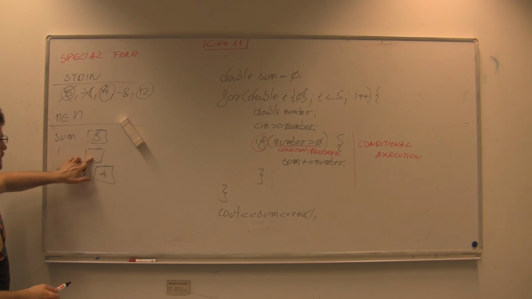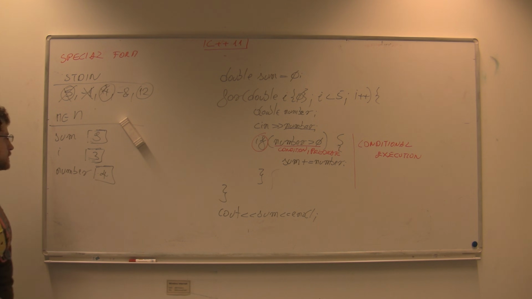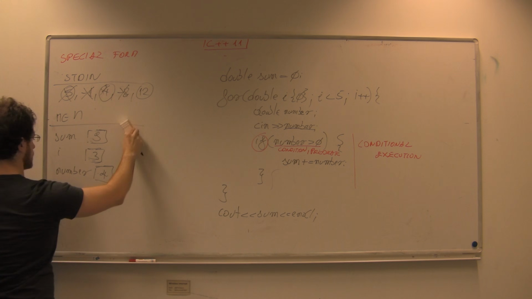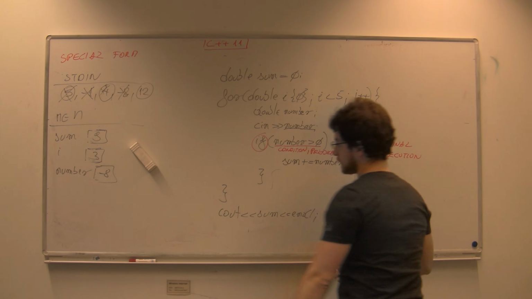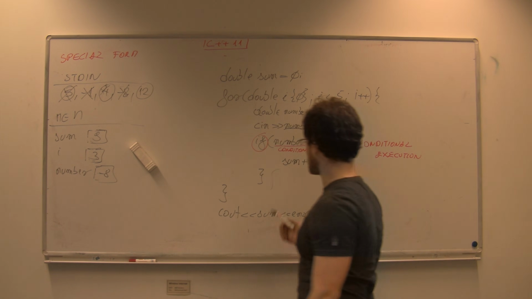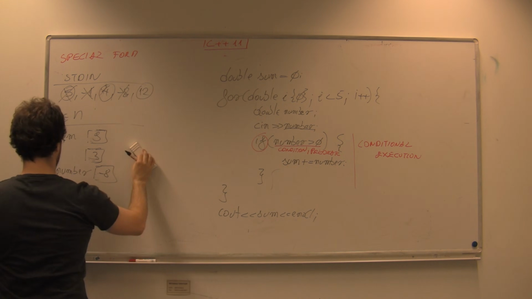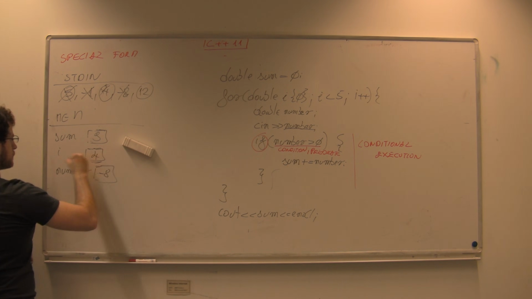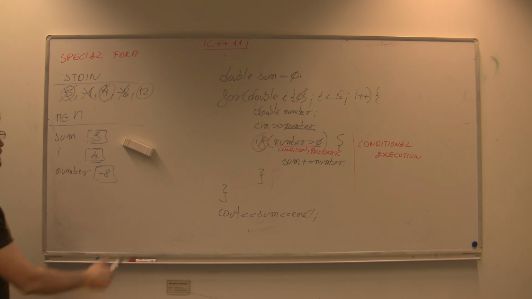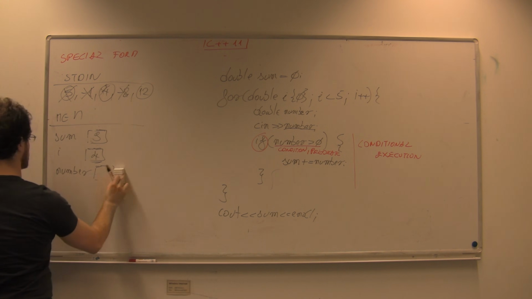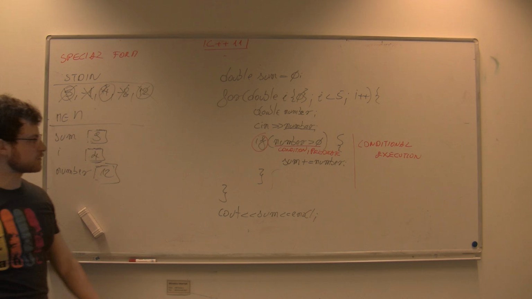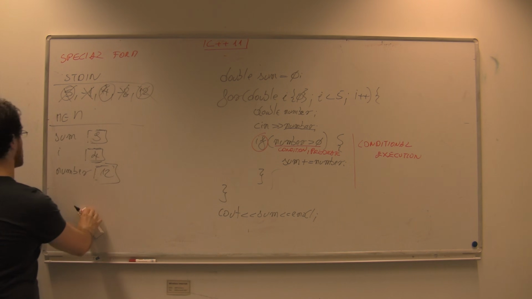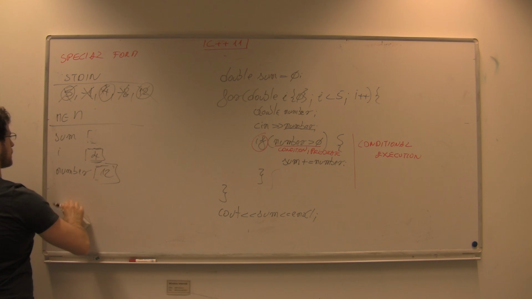We perform another iteration. I is now 3, the loop condition still holds. We read another number, -8. We perform conditional execution. -8 is not positive, so in this case we don't increment the sum. We jump into another iteration. 4 is still less than 5. We read another number from standard input, that's the number 12. We perform conditional execution. 12 is positive, so we can add this to our current value stored in the variable sum.